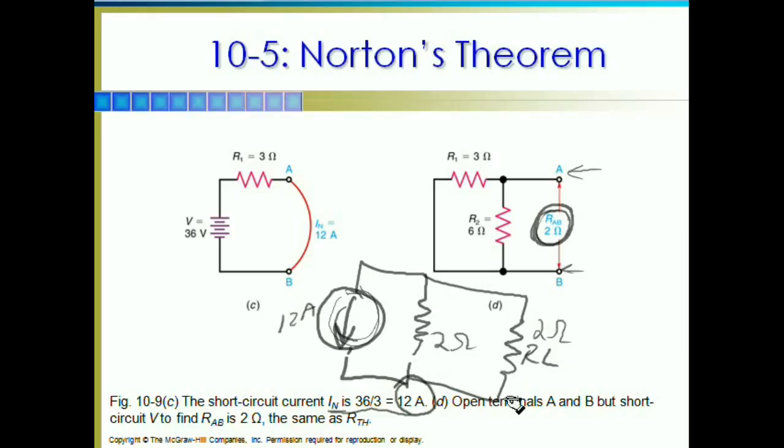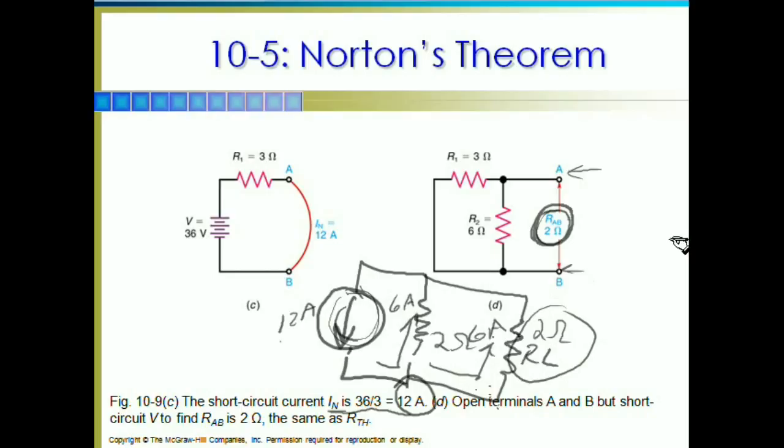Well, I've got 2 identical branches here. I've got 12 amps, so I'm going to get 6 amps going up each of these. So our load of 2 ohms is going to give me 6 amps.